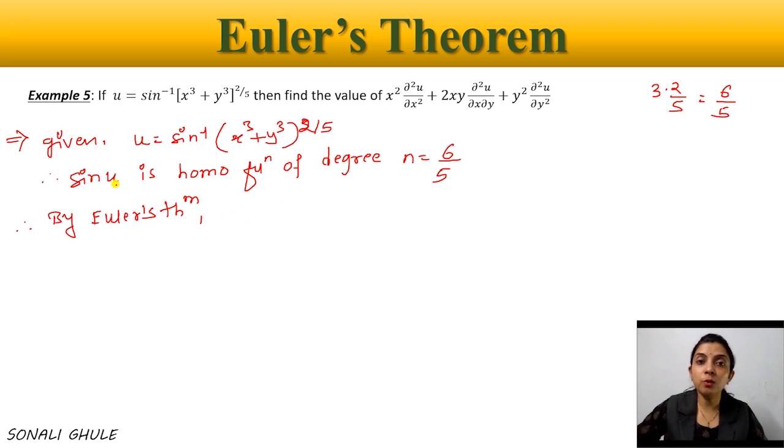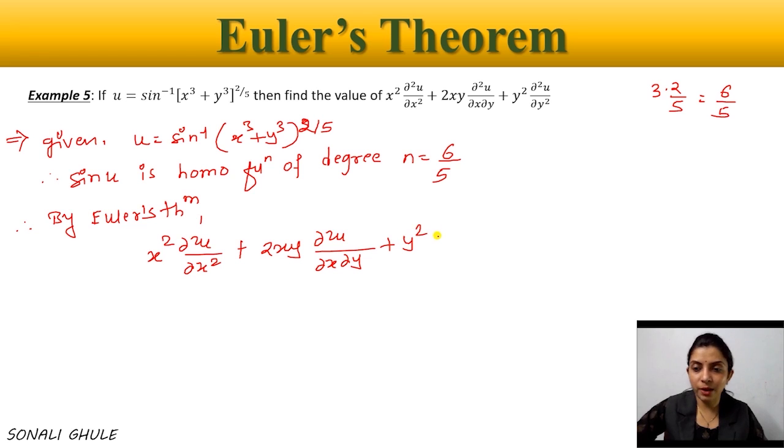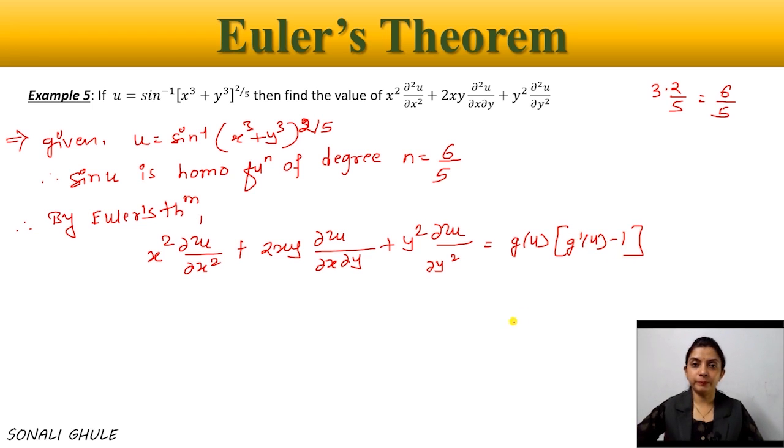Here sine u is homogeneous, meaning f of u is homogeneous, and when f of u is homogeneous, for the second order relation we have a result: 2xy ∂²u/∂x∂y plus y square ∂²u/∂y² is equal to g of u in bracket g dash of u minus 1. That is actually the formula.